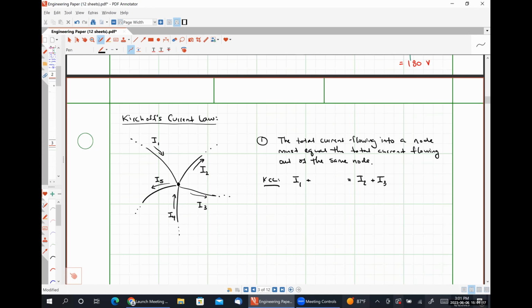I4 is flowing in, so I'm going to add it over here. I5 is flowing out, so I'm going to add it over here. And I have correctly applied KCL to this system. The currents flowing in, I1 plus I4, have to equal the currents flowing out, I2 plus I3 plus I5. Everybody okay with this?